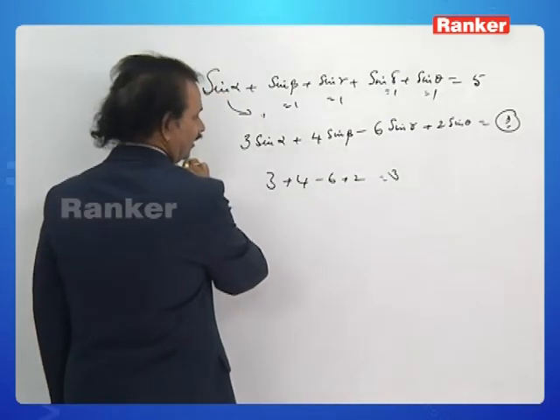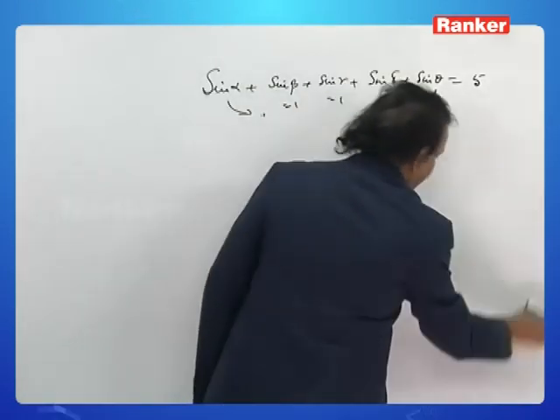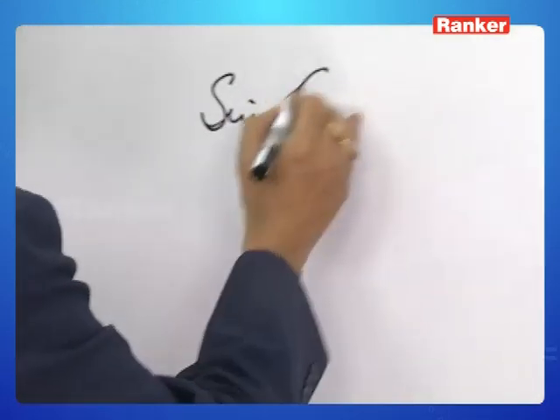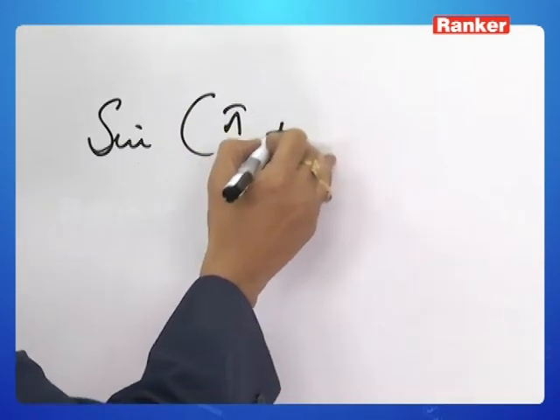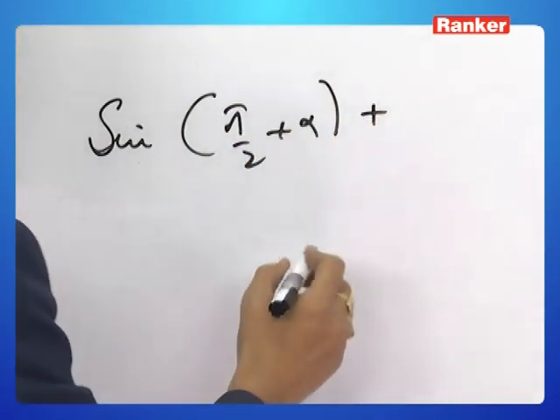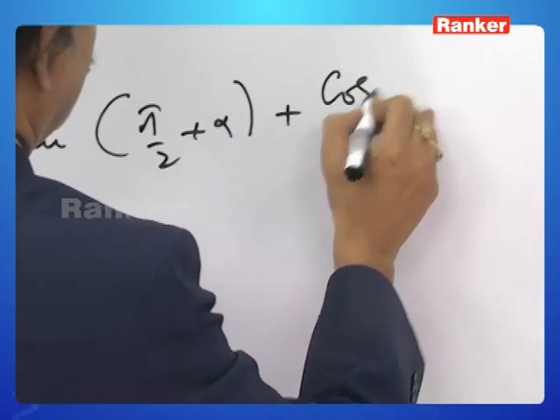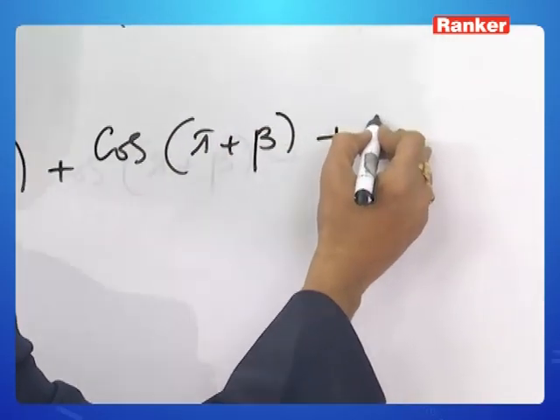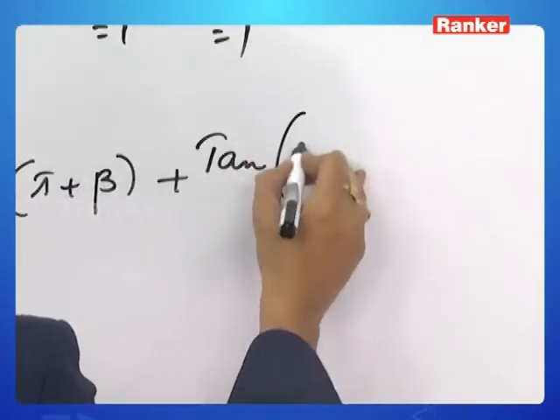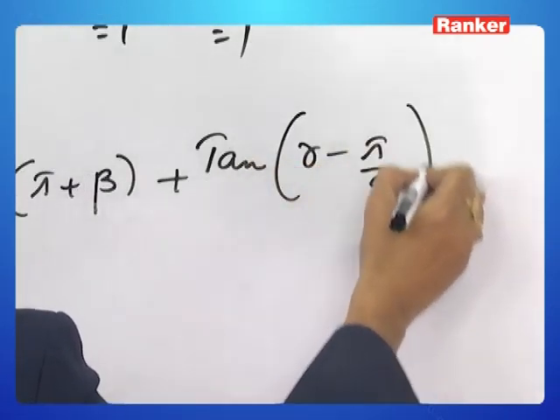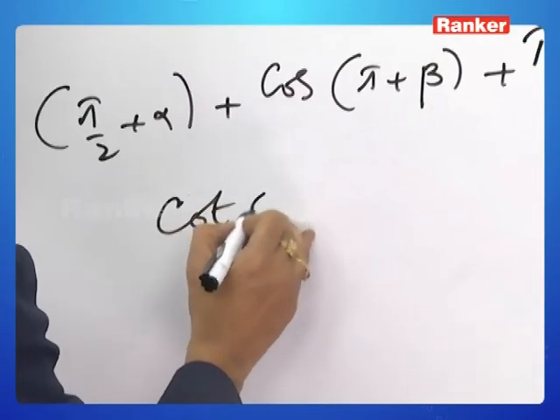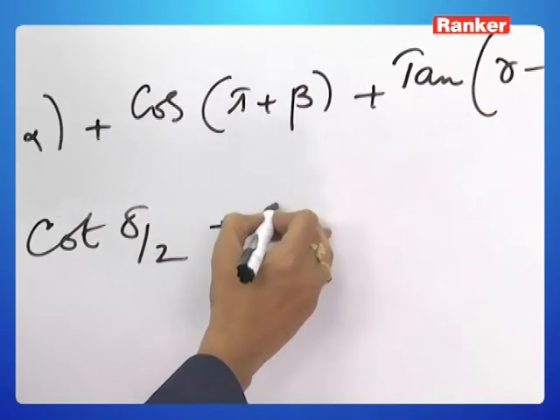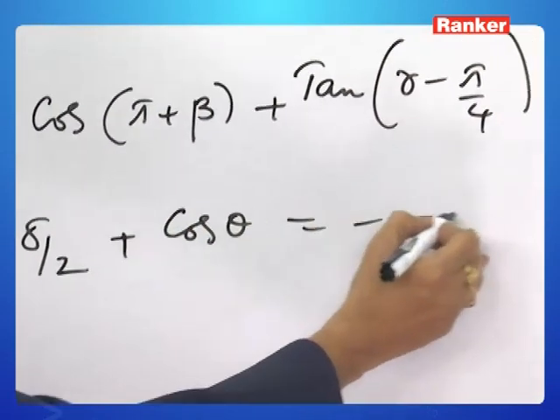One more question. Based on the same data, then sine of pi by 2 plus alpha plus cos of pi plus beta plus tan of gamma minus pi by 4 plus cot delta by 2 plus cos theta is equal to how much?